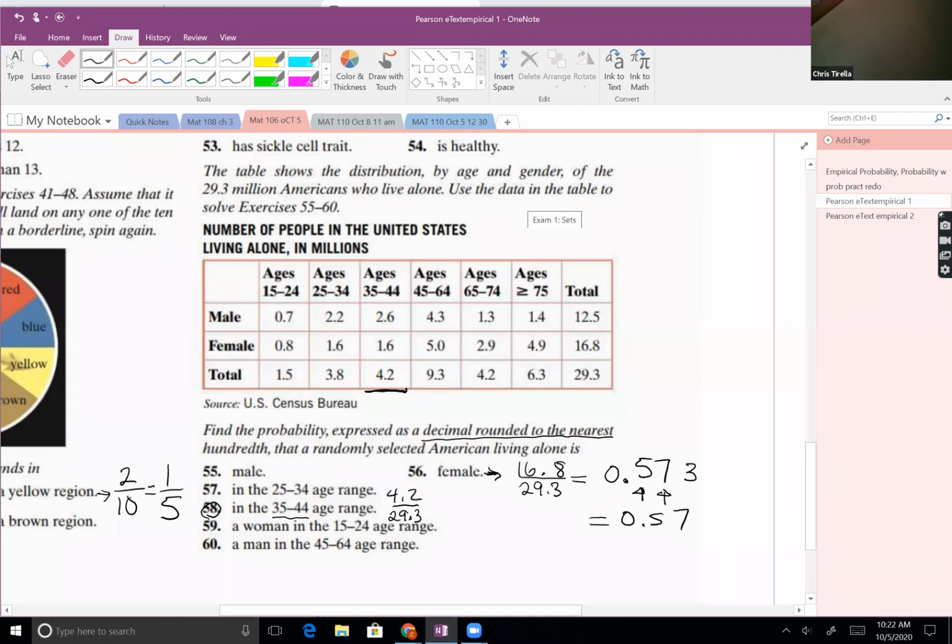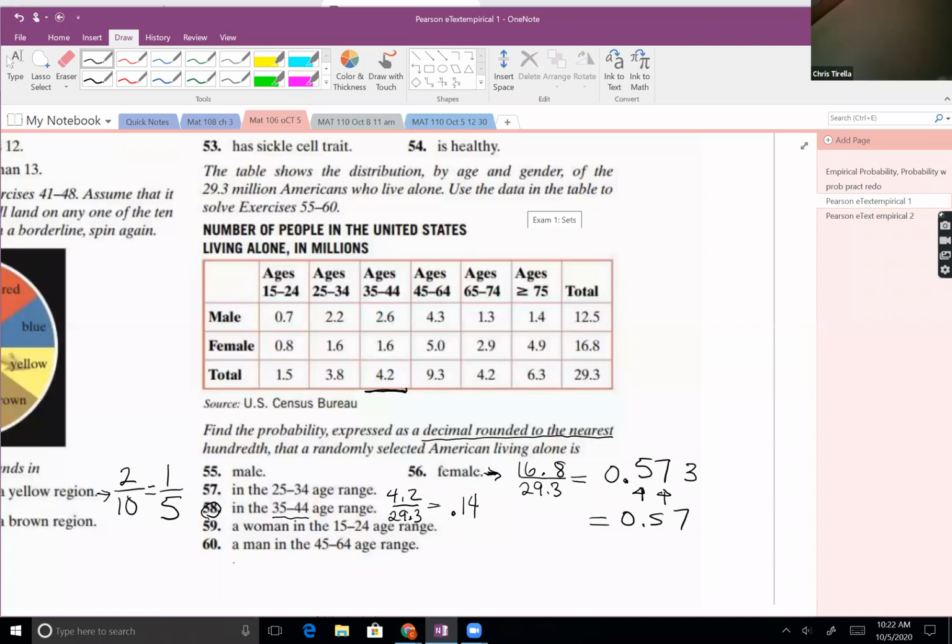So now let's change that into a decimal. 4.2 divided by 29.3 gives me 0.14. Is everybody getting the same result? Yeah, 0.14.